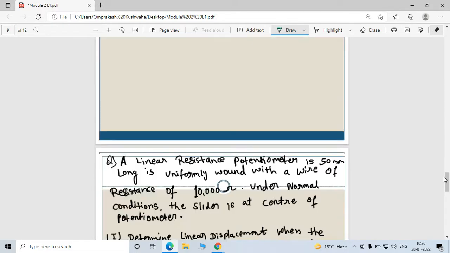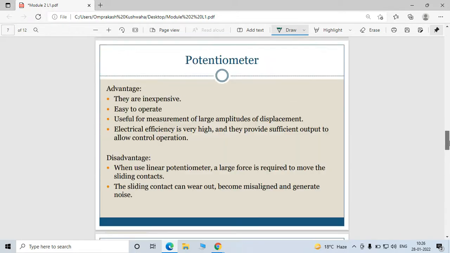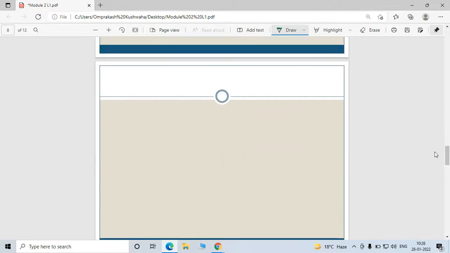For example, see here, I already discussed all these things. For the voltmeter, what is the internal resistance? This is your external resistance, or series resistance, with your meter resistance. This whole voltmeter is connected in parallel.